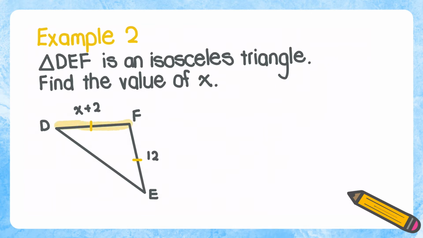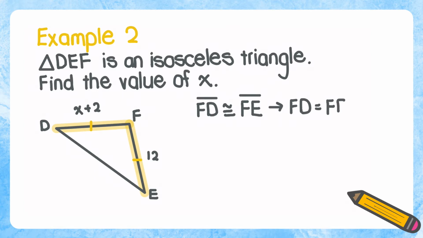Here, the tick marks tell us that side FD and side FE are congruent to each other. So side FD is congruent to side FE. This means that they share the same side length. So the side length of side FD is equal to the side length of side FE.